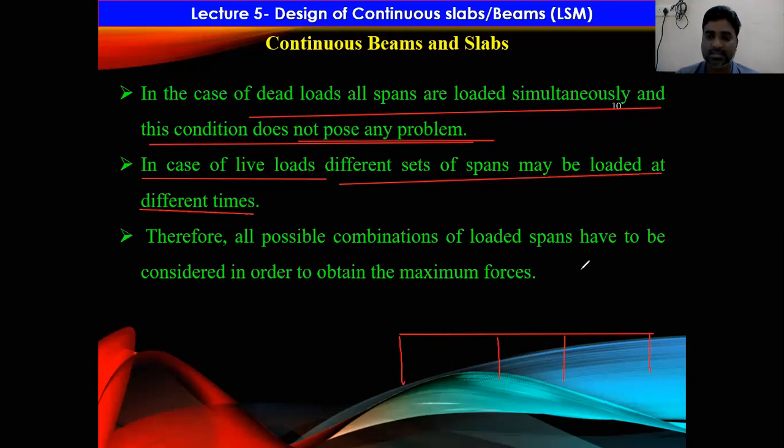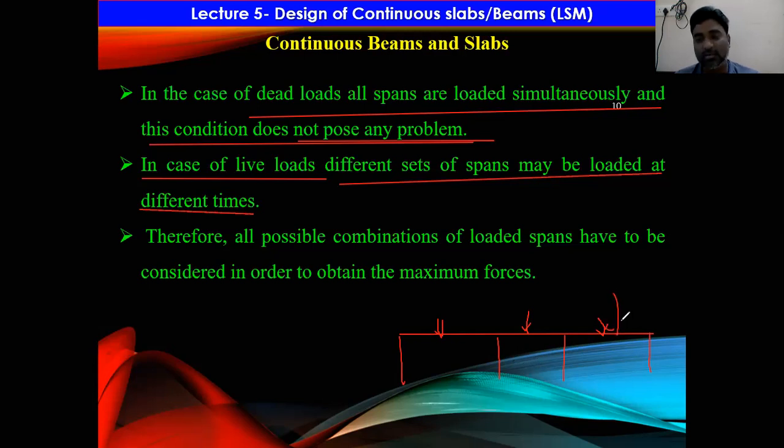Next is the load combination, live load and other loads. First we need to apply the live load here and here and determine the bending moment and shear forces. That is one combination. Next, you apply the live load here and only dead loads here and find out the bending moment and shear forces.